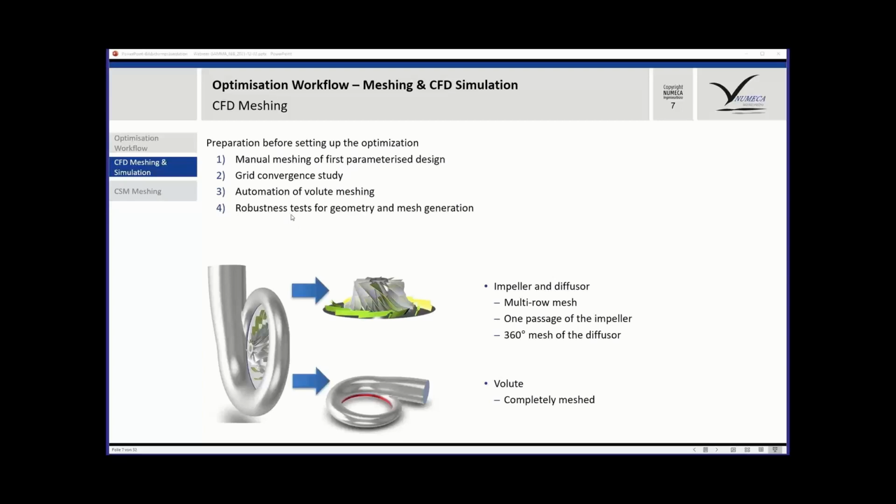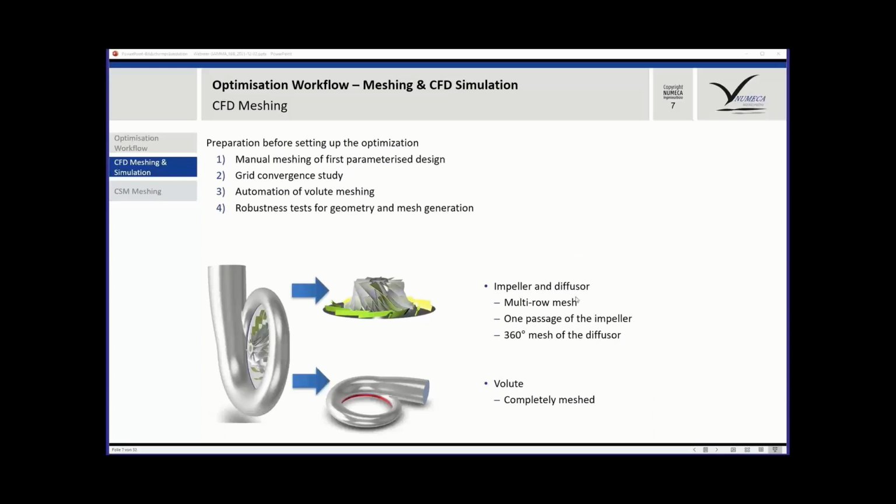A robustness test means we're just generating hundreds of meshes over the whole range of possible parameter combinations, and we check whether the mesh is still a good mesh after even very strange parameter inputs. So that's important to guarantee a high rate of success, however the geometry looks like.